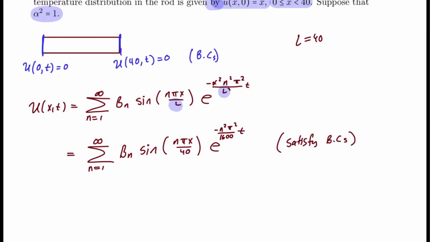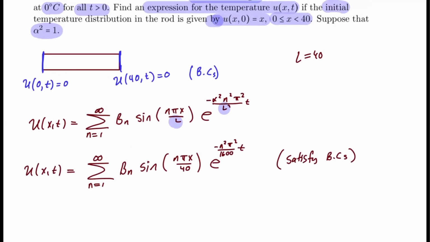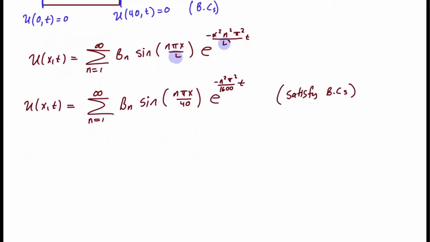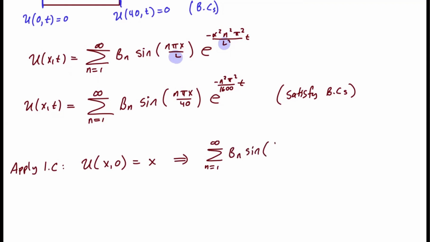Now we're going to satisfy the initial condition by simply applying it. Here our initial condition is right here, so we know that is that function. So let's apply the initial condition, which is u(x, 0), that is, t is 0, is going to be this function. We'll substitute this in here. So we will have the sum starting from 1 to infinity of some bn times sine of n pi x over 40.